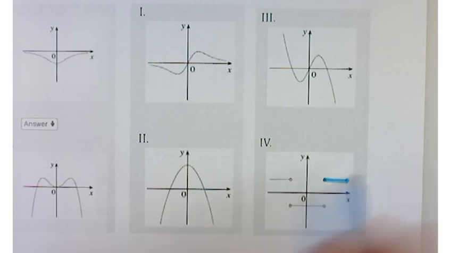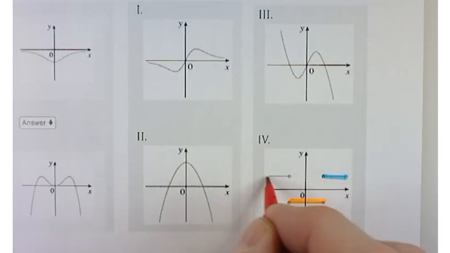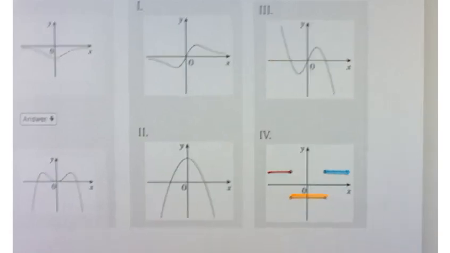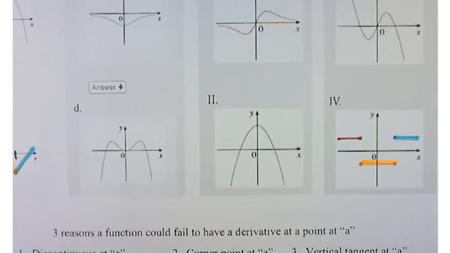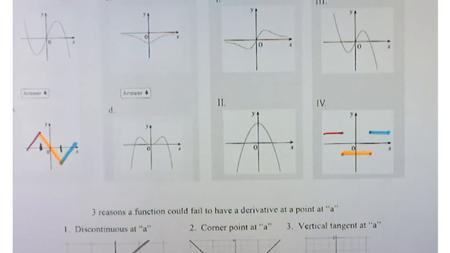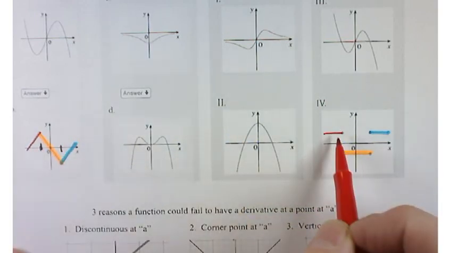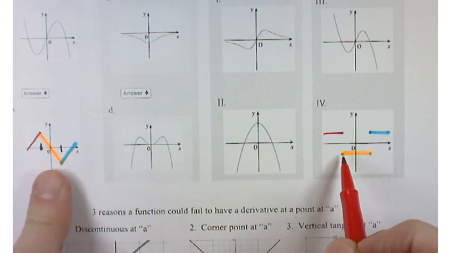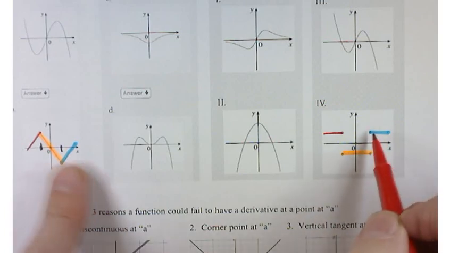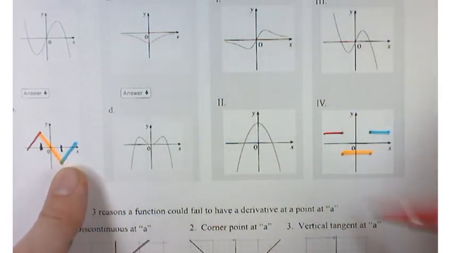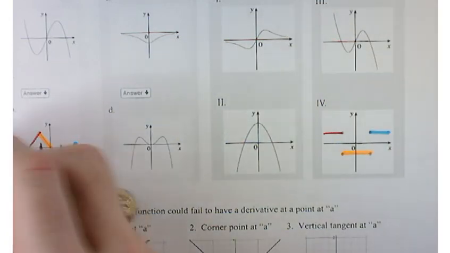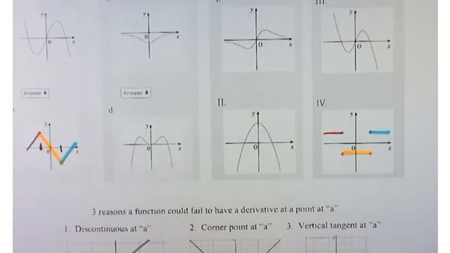Right here, and here, and here. Yeah, so the function was increasing at a steady rate, and then it switched over immediately to decreasing, and then increasing again. So, hey, this one goes with 4.